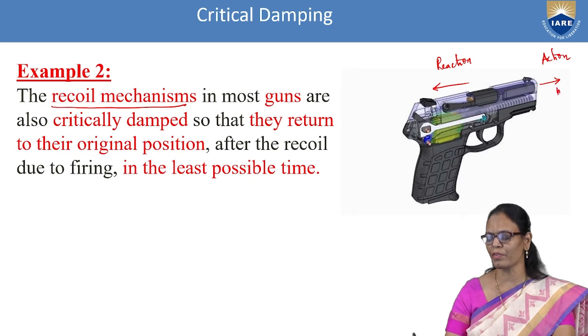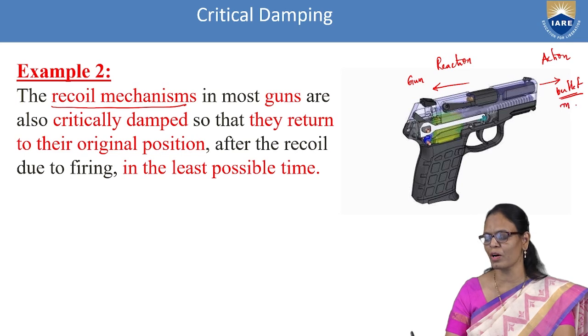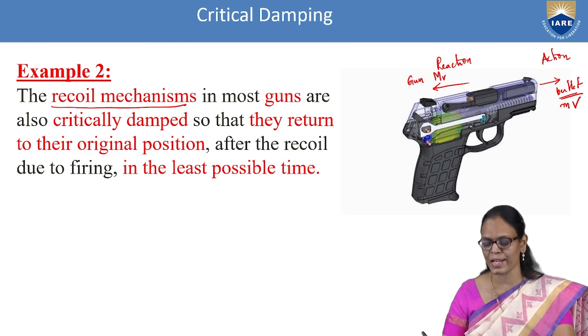So when the bullet is moving in the forward direction, the gun recoils in the backward direction. If you compare, the mass of the bullet is small, so the velocity is more. But the mass of the gun is more, so the velocity will be less. So it will not move with a greater velocity, but still it will recoil back.